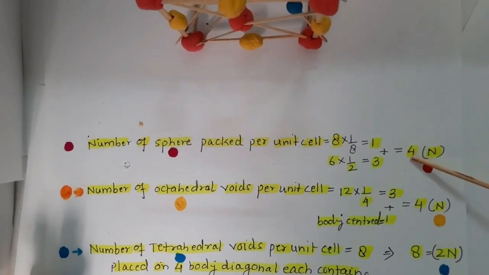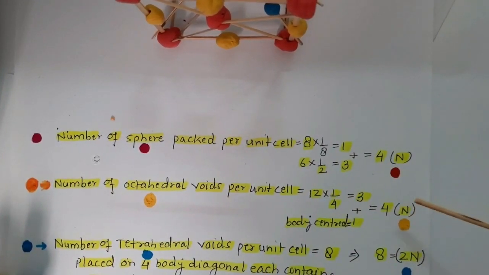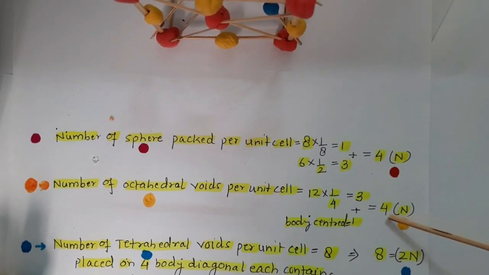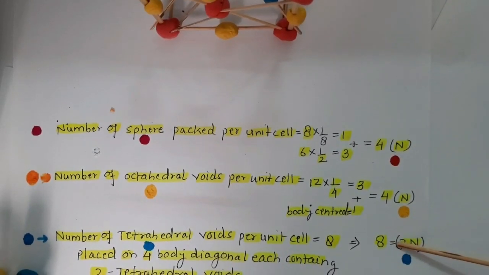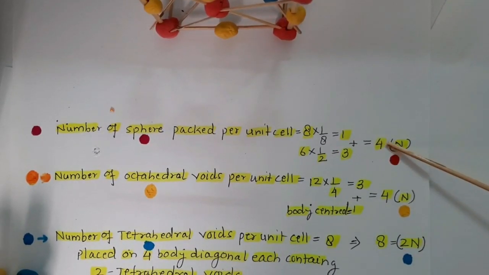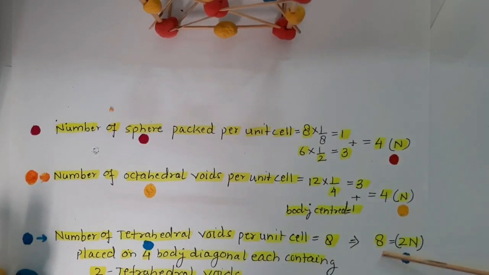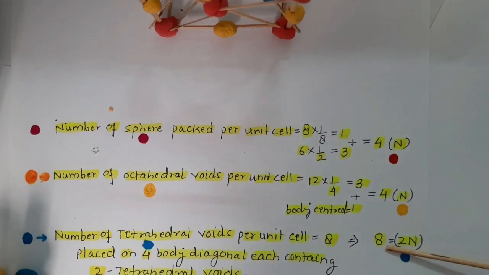Now the number of spheres packed, that is n, is equal to 4. The number of octahedral voids generated as a result of packing of 4 spheres per unit cell will be equal to 4, and the number of tetrahedral voids generated by the packing of 4 spheres is equal to 2 multiplied by 4, that is 2n, and that is nothing but 8.